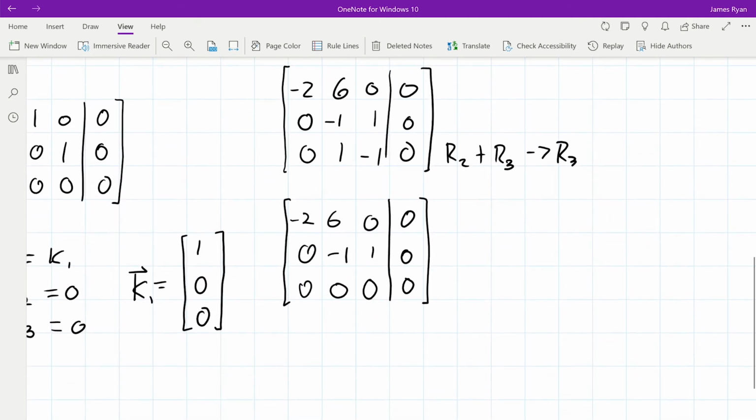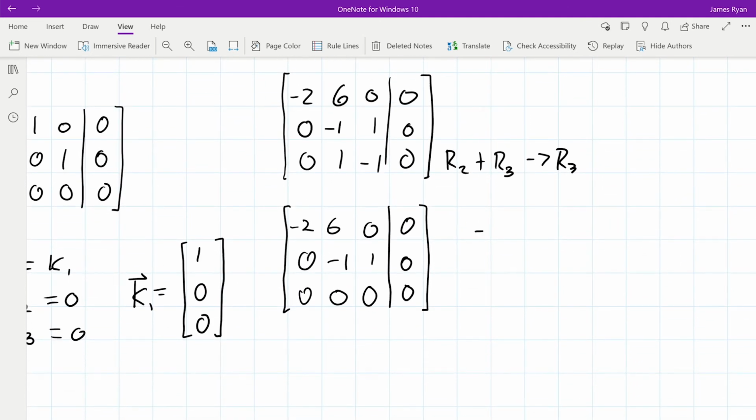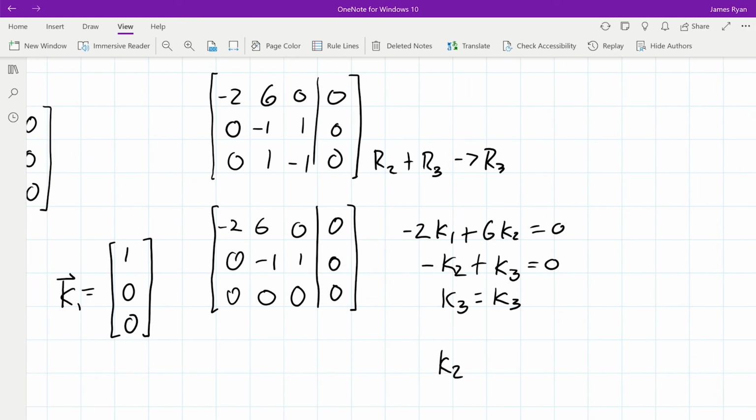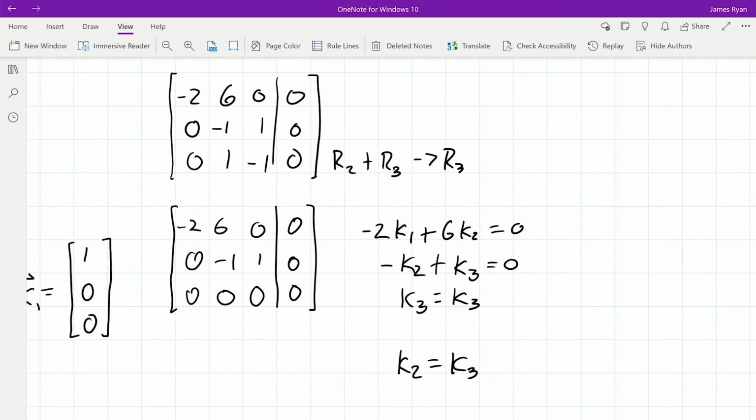And so from here, we can read off the two equations, negative 2k1 plus 6k2 equals 0, and negative k2 plus k3 equals 0. And then we can just let k3 be any number k3. So if k3 is k3, then k2 is the same as k3, and negative 2k1 plus 6k3 equals 0.